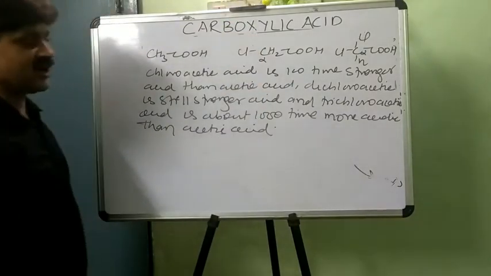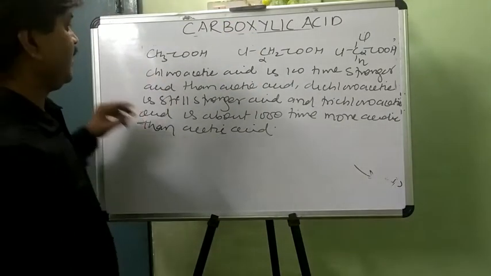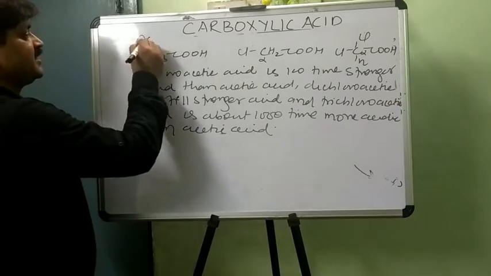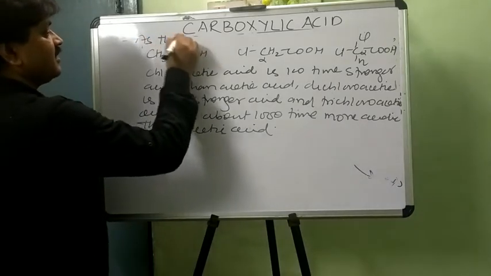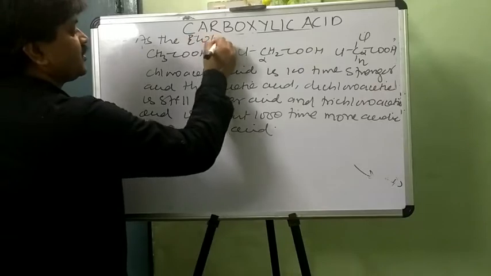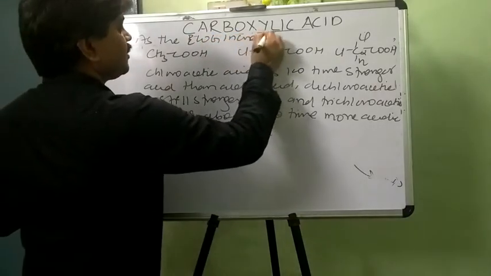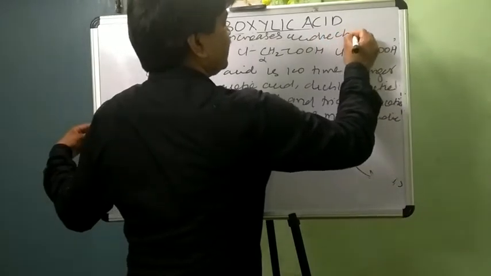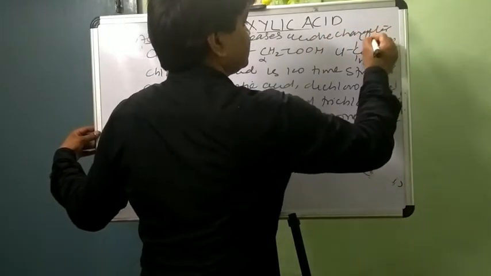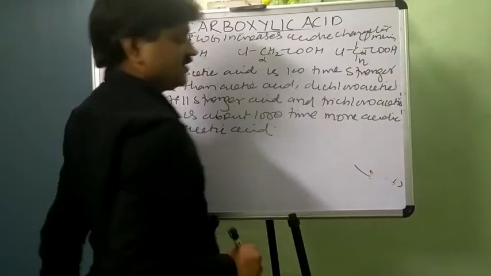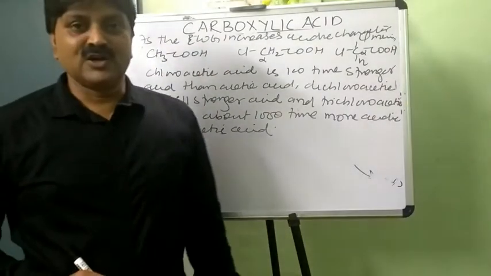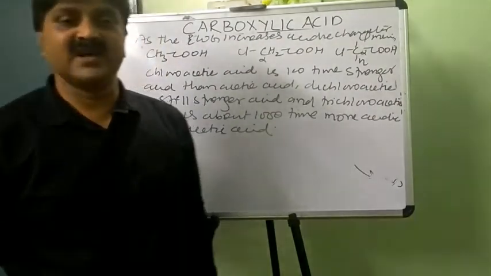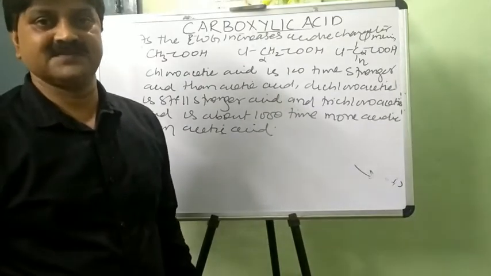So as the electron withdrawing group increases, the acidic character increases. So that is the first factor here: as the electron withdrawing group increases, their acidic character also increases.